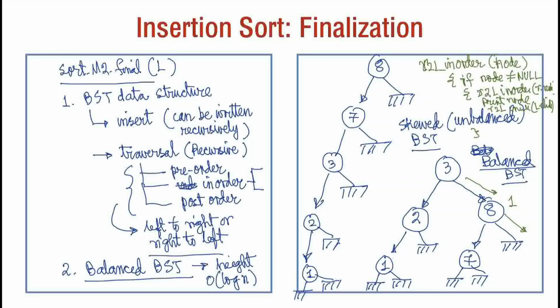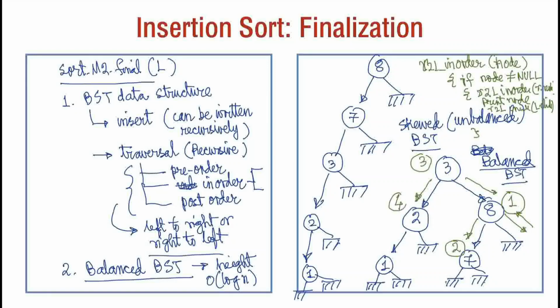So here, from 3 we would go to 8. The right of 8 is null, so this returns from here. This is the first node that would be printed, or put into the queue. Then it would go to the left of this, both the children of 7. So this is the second node that would be printed. Then it would come here. This is the third node that is printed, because in in-order traversal, between calling the right child and the left child, you are printing the node. Then you will come here, because the right child is null.